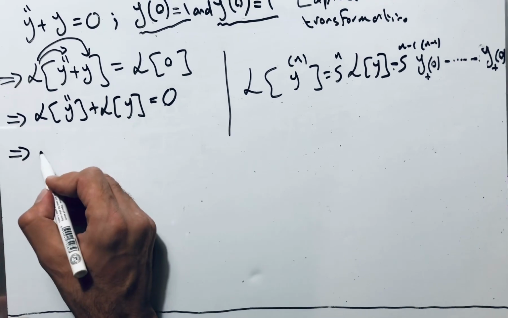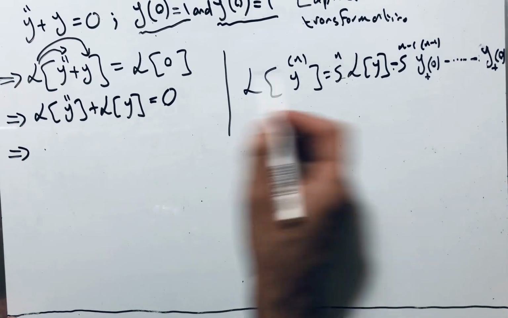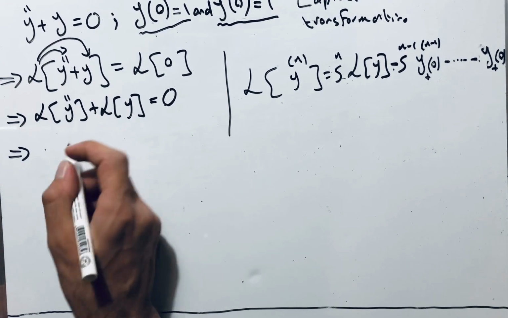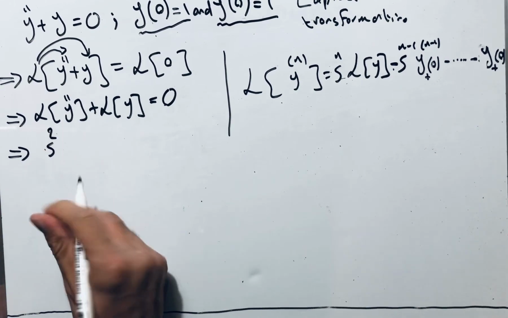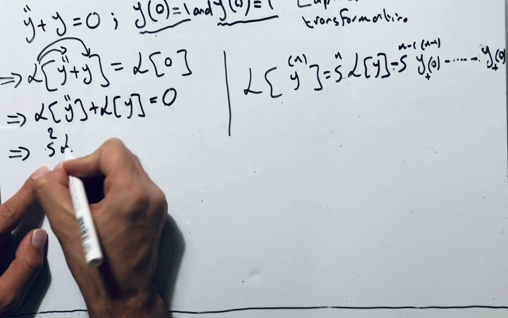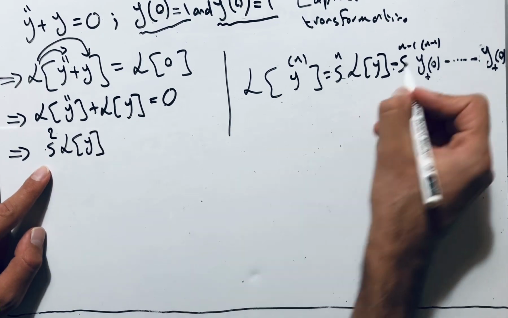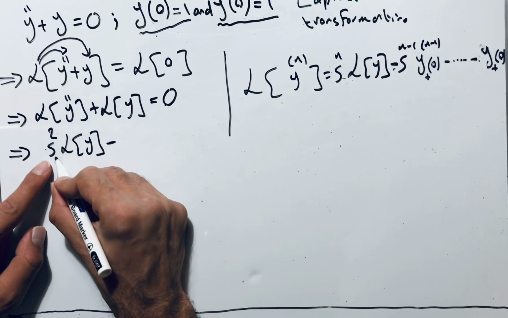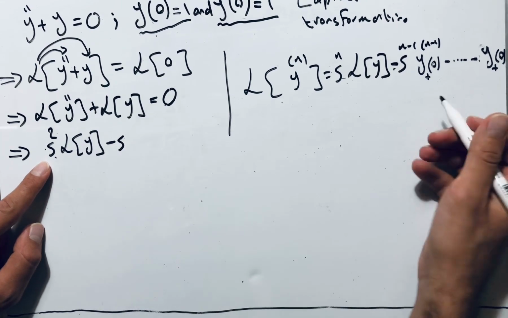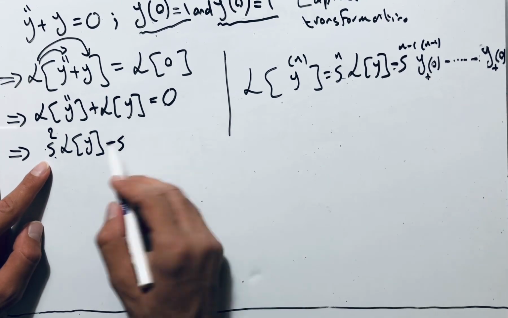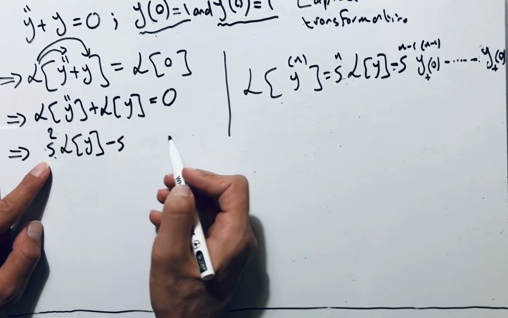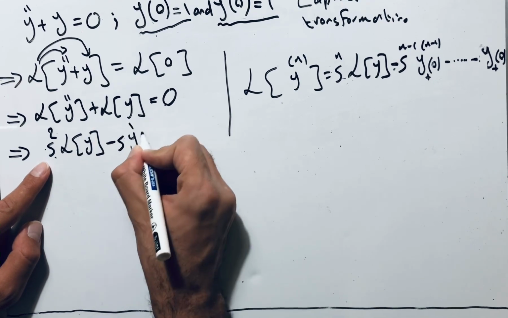So this becomes what? According to the rule, n here is 2 because the highest derivative is of order 2. So we're going to have s to the power of 2 times the Laplace of y. Then minus s, the power of s is 1 less, so basically just s, times the n minus 1 derivative of y, so one less derivative, just y prime of 0.